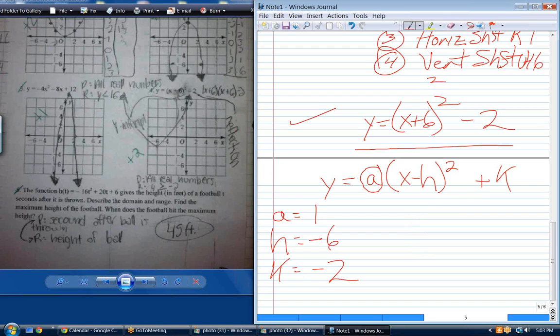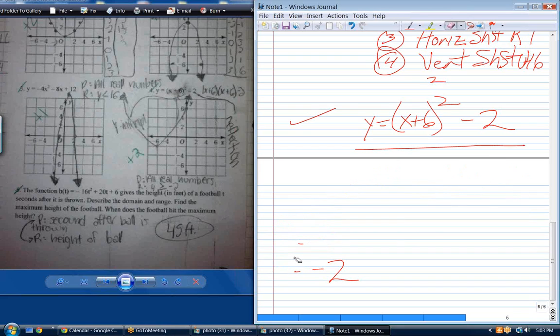How does this function compare with y equal x squared? In other words, let's do exactly what we just did as drills. There's only two things going on. We got this negative 2 going on, and we got this plus 6 going on. So what does each one of those do? Let's talk in terms of vertical and horizontal shifting and stretching.